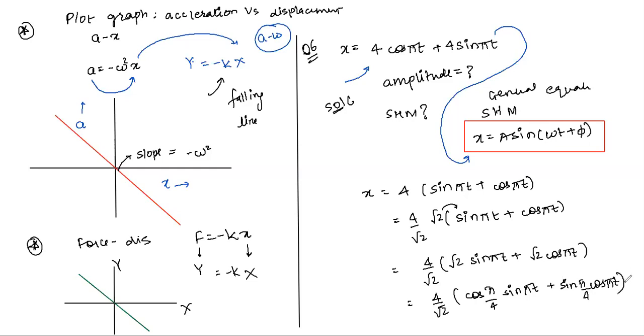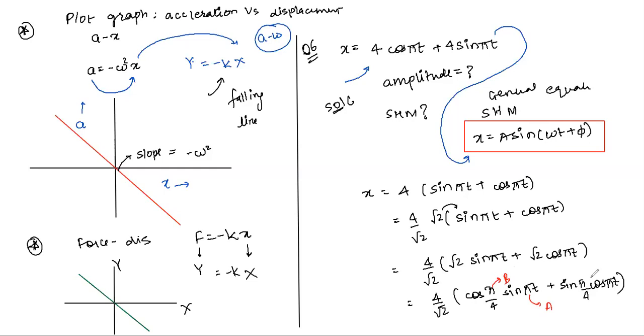Now, does it resemble any formula we have read in the past, Karuna? sin A cos B plus cos A sin B, right? See here, this is sin A, cos B, then the same B.